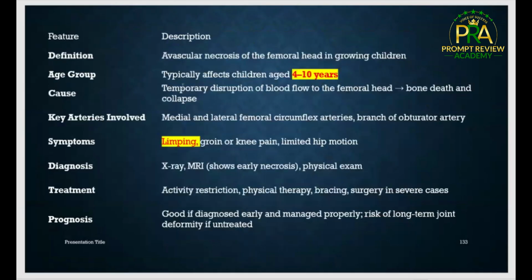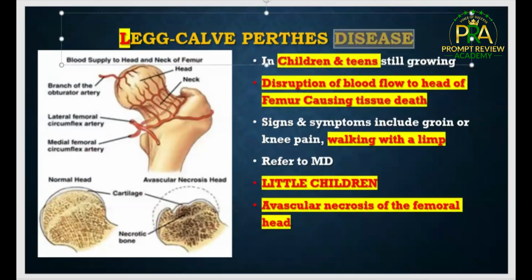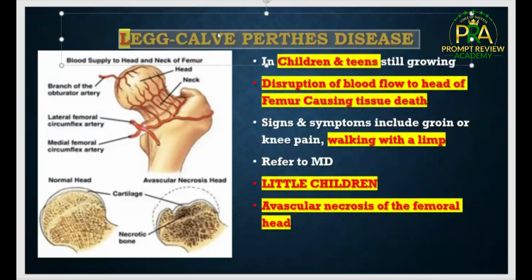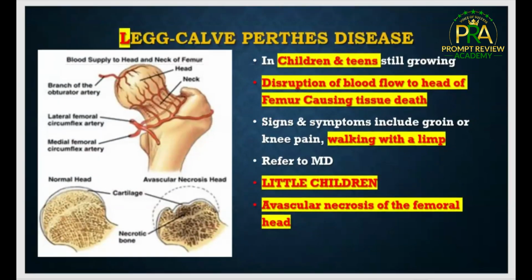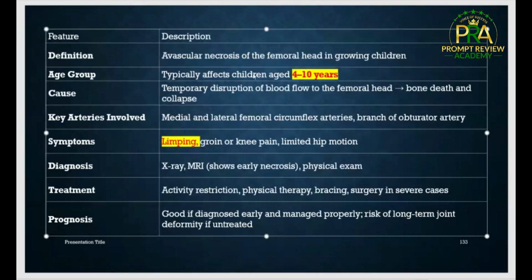Okay. Then the next one is slipped capital femoral epiphysis. Let me put this heading here so that in case you want to take a picture, you don't mess it up. So this is a summary of the Legg-Calvé-Perthes.